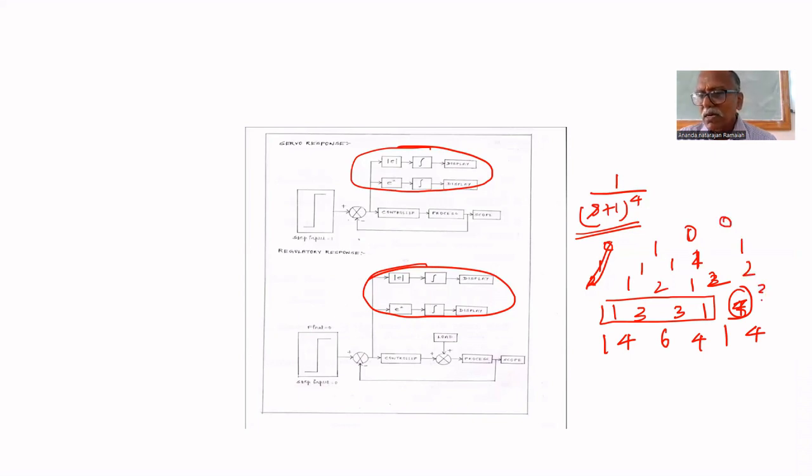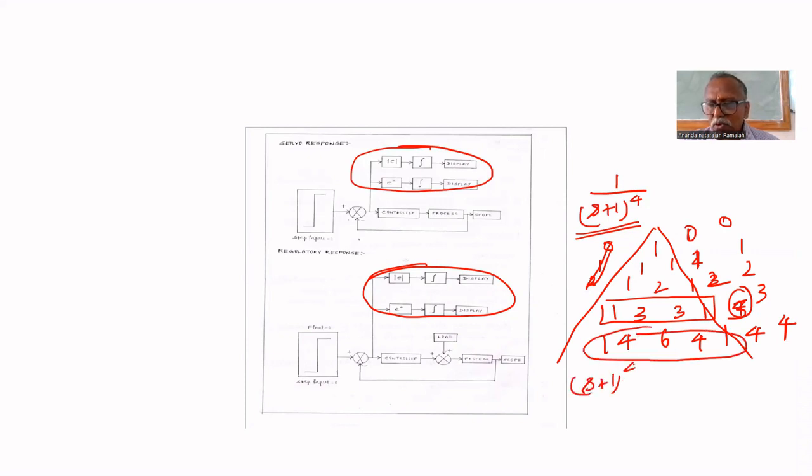This is the triangle to find the coefficients. So s plus 1 to the power 4 equals s power 4 plus 4 s cube plus 6 s square plus 4s plus 1.